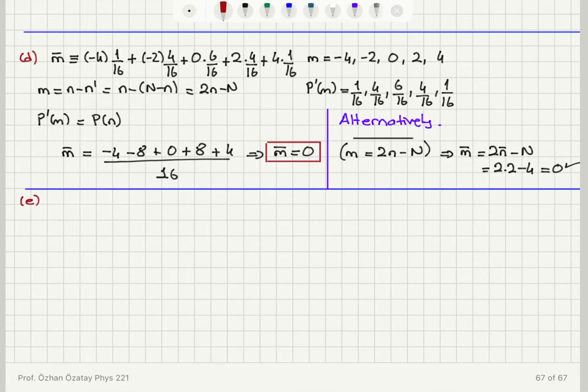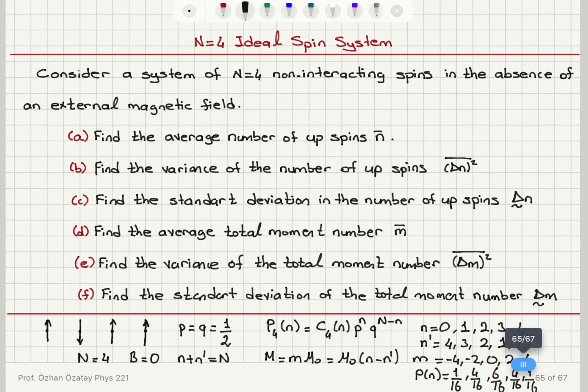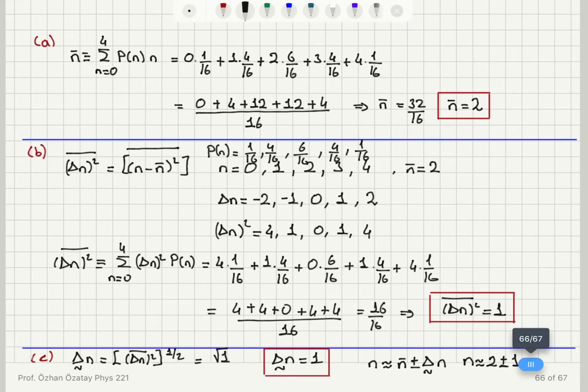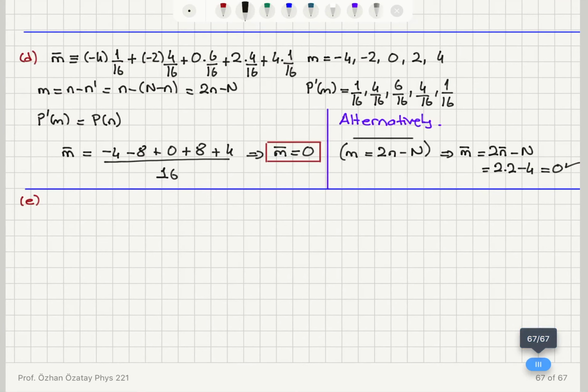Let's look at part E. In part E, I want to know the variance of the total moment number, delta m square bar. Again, I'm going to do it the long way. Let's write here once again the possible m values: -4, -2, 0, 2, 4.